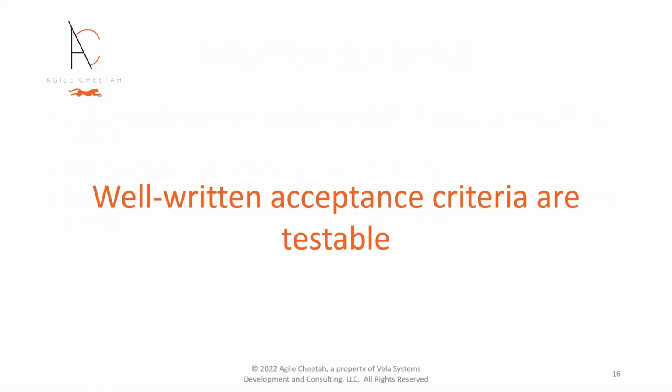So, in essence, acceptance criteria are test criteria for the user story. Well-written acceptance criteria are testable. That means that the result is not left to interpretation. The feature either delivered expected results or did not.